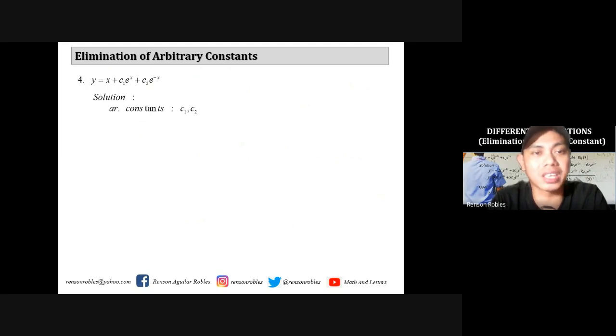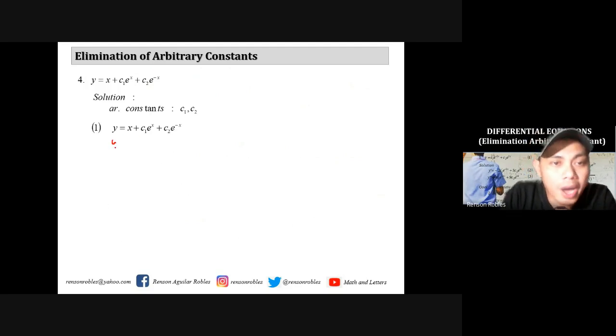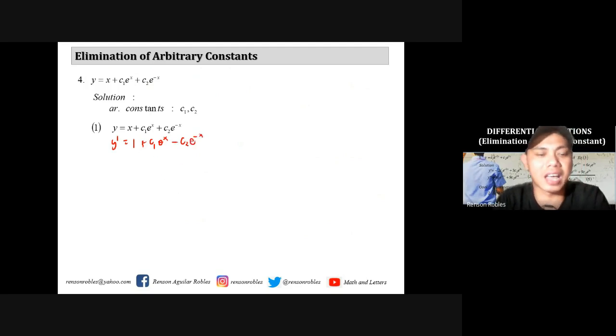We shall write the given first, and then differentiate. So you have y prime equals the derivative of x, which is 1, plus copy c1, differentiate e to the x, that's simply e to the x, and then copy c2, copy e to the negative x, the derivative of negative x is negative 1. So we shall have this.